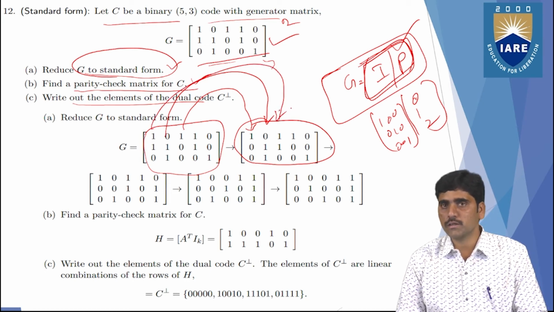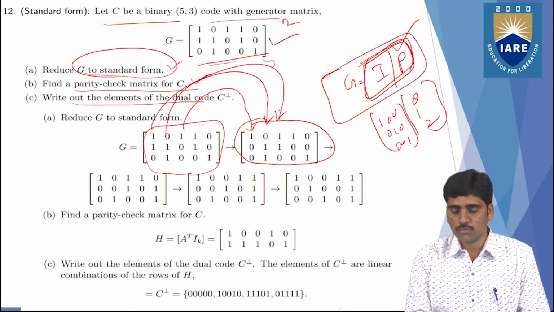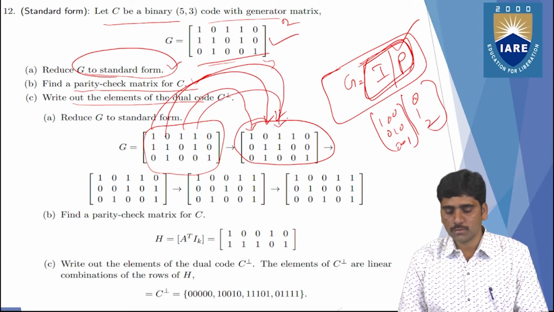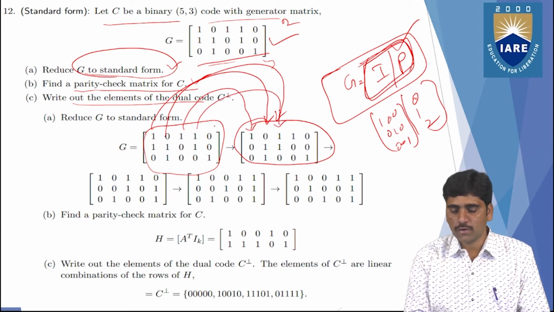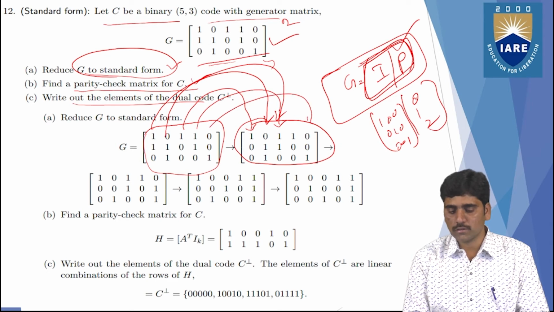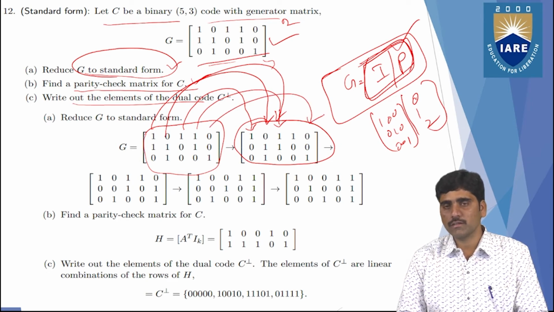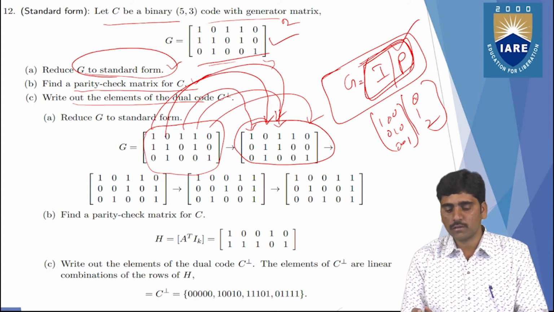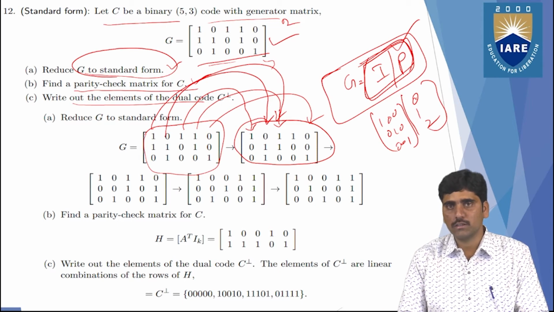R4 stays in the same fourth place, and R5 also stays in the same place. So in total, three places have changed. The rows R1, R2 and R3 are changed here, right?